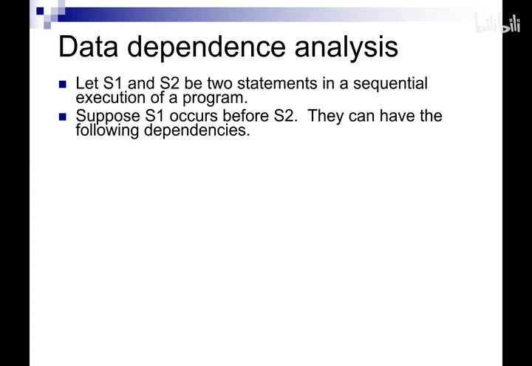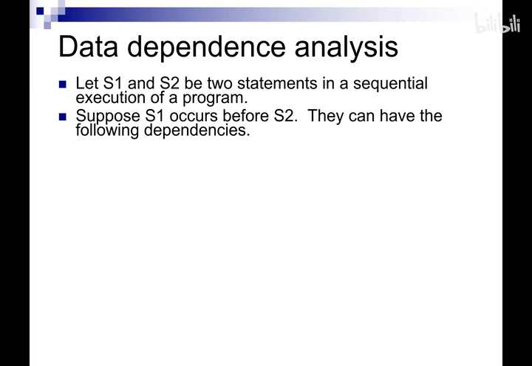However, if the statements are dependent, then you have to do S1 before you do S2, because if they're dependent and you swap the order of the statements, you can actually get a different outcome for the program. Whereas if they're independent, then even if you swap their order, you get the same outcome and the same output from your program.